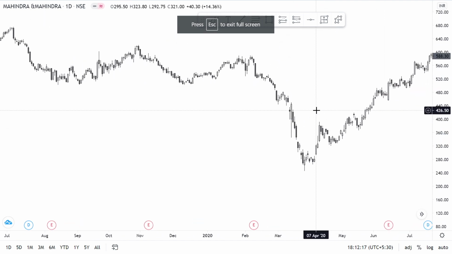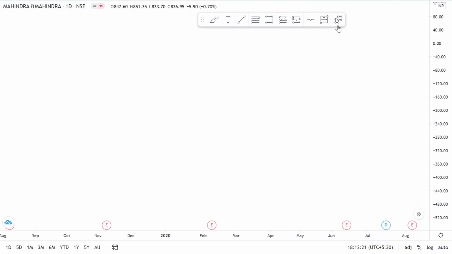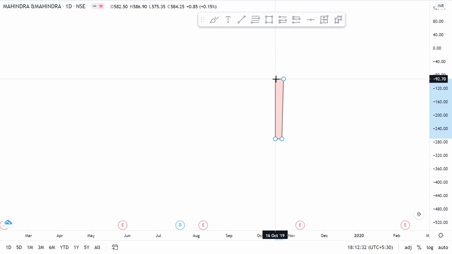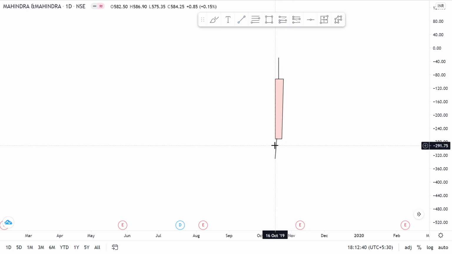So what is a candlestick and how do you read them? A candlestick, as you all know, looks something similar to this, a straight line, and you have one line above and one line below. So what do these lines represent and what do they indicate?